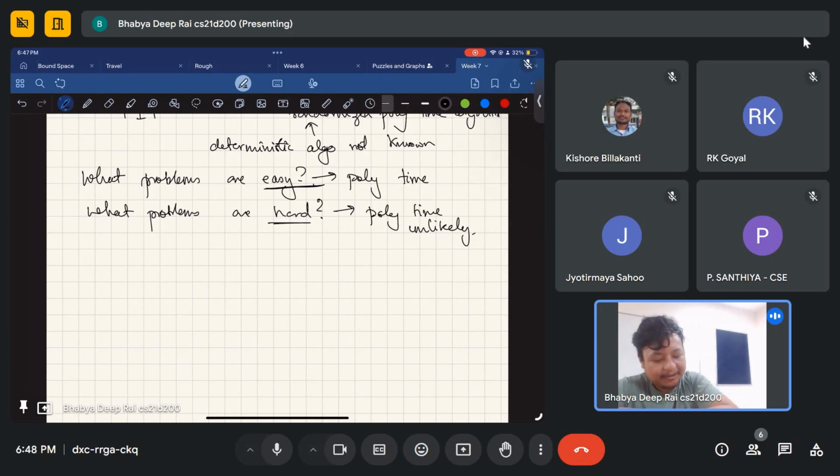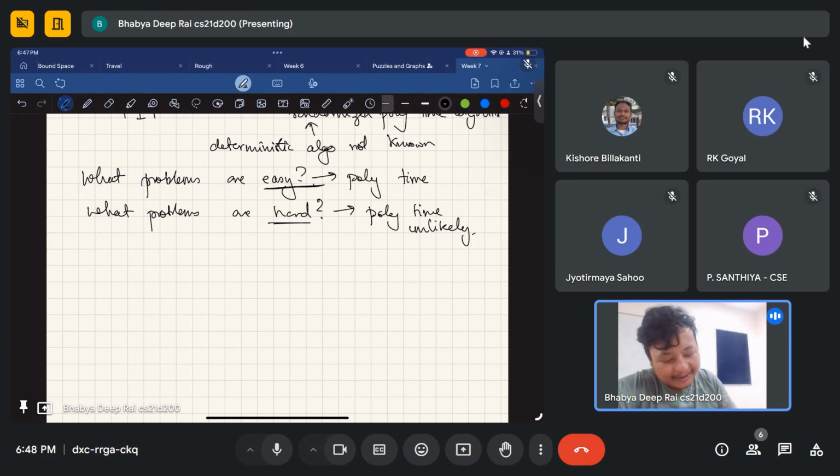If we had such a system of classifying problems, then it would be very nice, right? I do not need to go about looking for a deterministic solution. I can go for randomized algorithms or approximation algorithms or other types of algorithms to actually solve those problems.